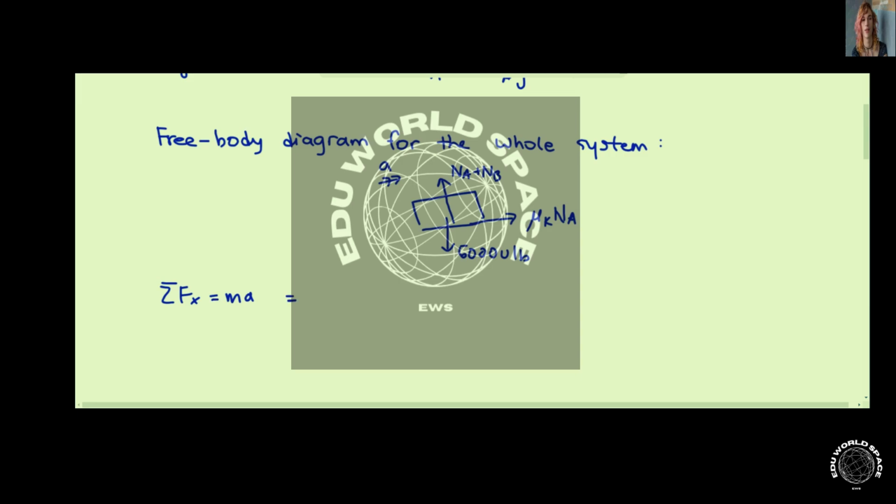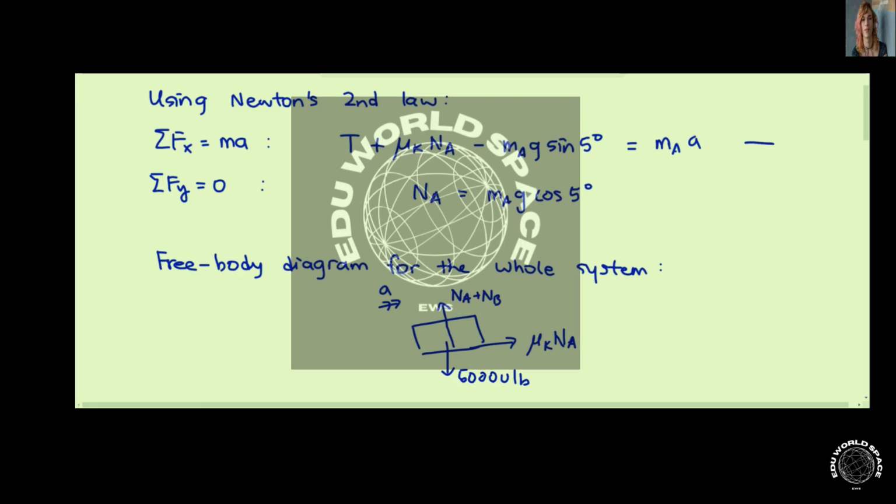So this is mu k NA minus (mA plus mB) g sine 5 degrees is equal to the combined mass times the acceleration. So we have three equations.